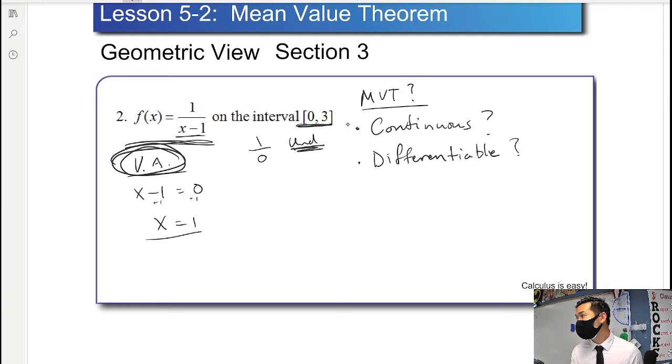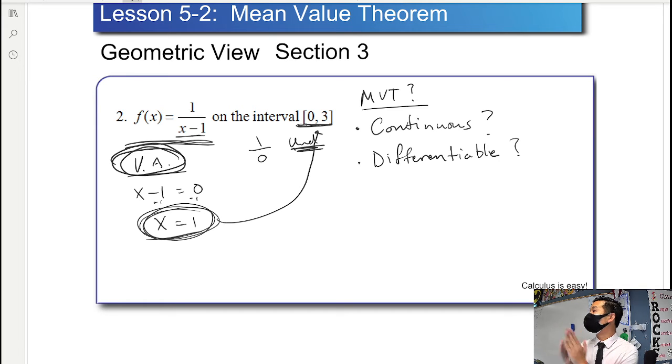No, because of the asymptote. What's the value we're looking at? x equals 1. That is between 0 and 3, and that gives us an undefined value, in other words, a vertical asymptote. So it is not continuous.